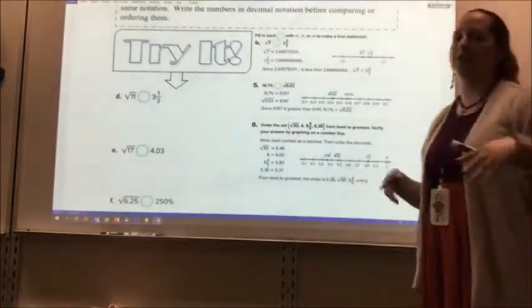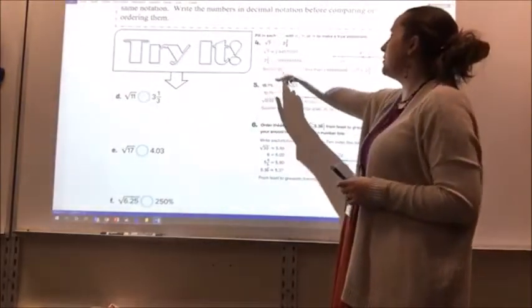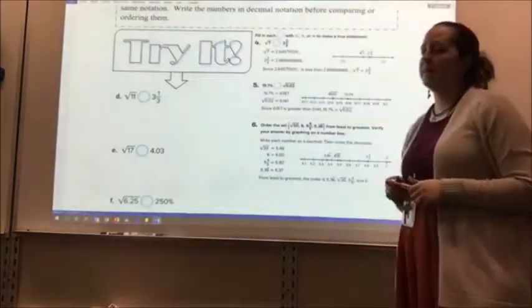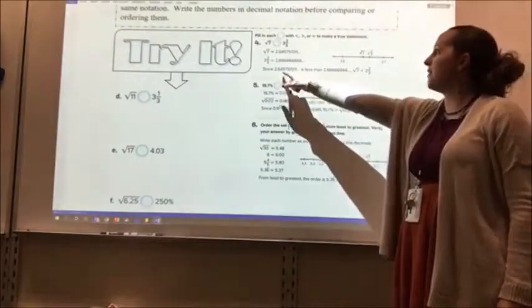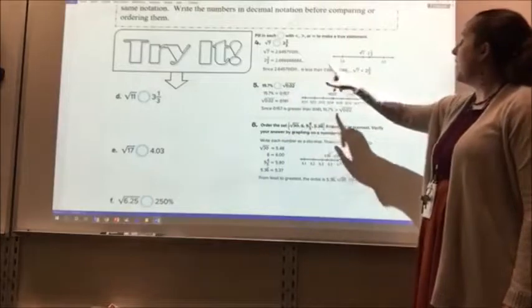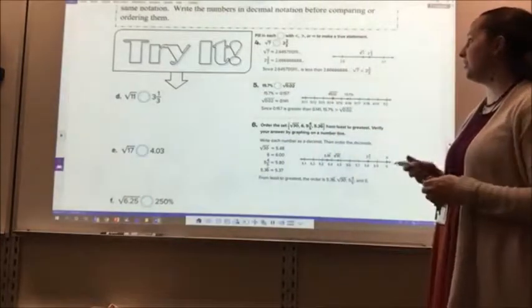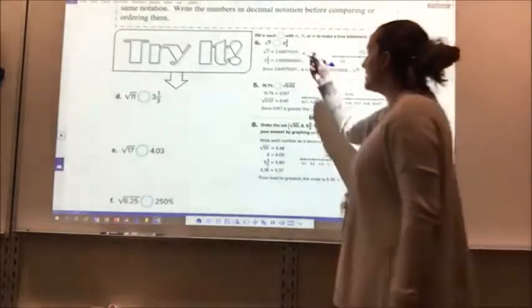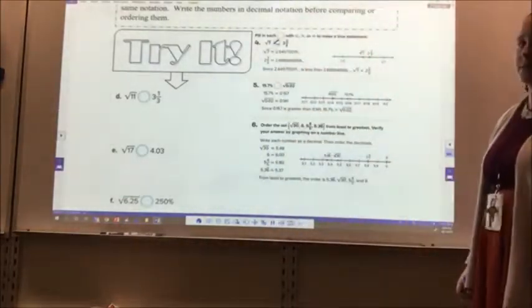It goes on forever because it's an irrational number. And then 2 2/3. 2/3 becomes 0.6 repeating. Okay? So I can look at these, and I have 2.64 and 2.66. That tells me that the square root of 7 is less than 2 2/3. It's a smaller decimal.